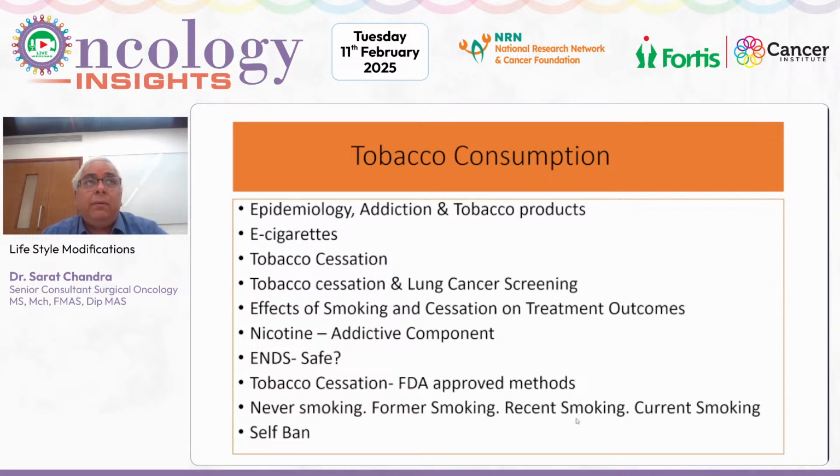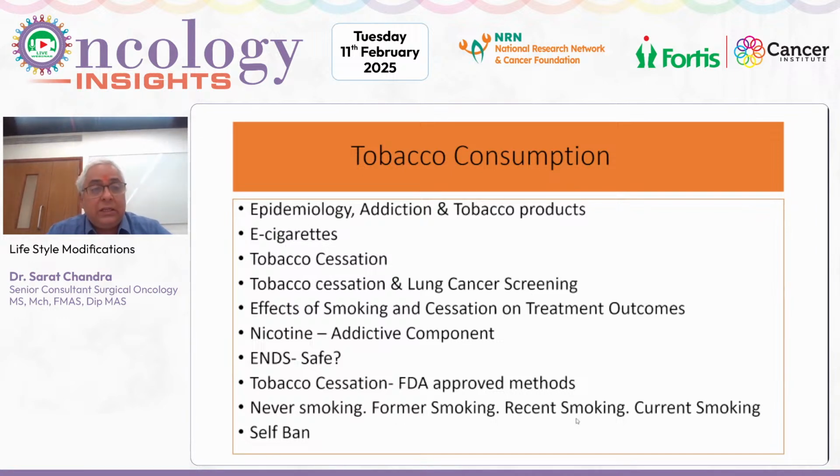They tried different methods to see if the carcinogenic effect of the tobacco can be overcome, and still the person can consume tobacco. But finally, it was very clear that tobacco consumed in any form is going to be carcinogenic. Not only that, it can harm the lungs, the heart, and various organs of the body. So tobacco consumption in any form is carcinogenic. Even passive smoking, as we know, is carcinogenic.